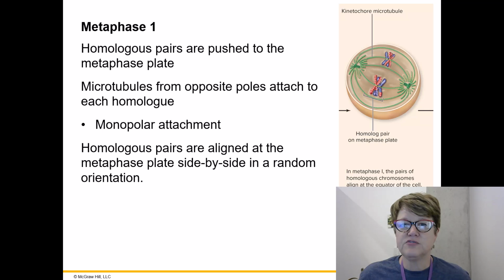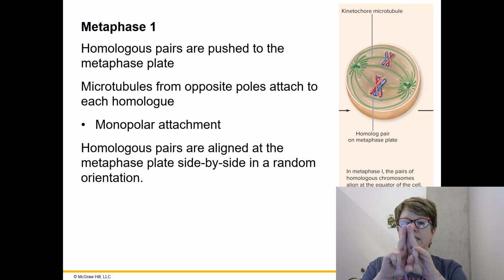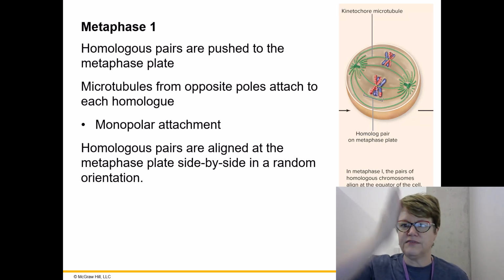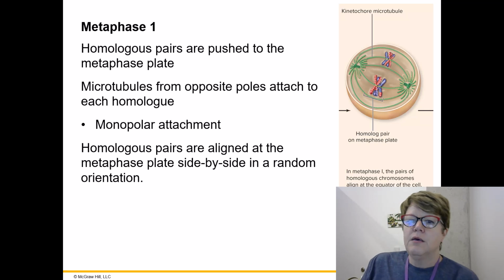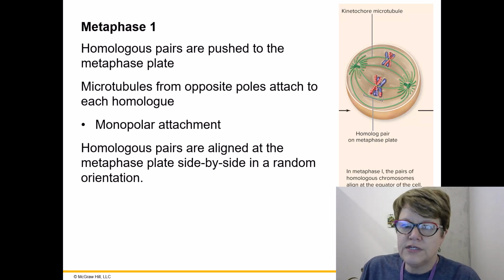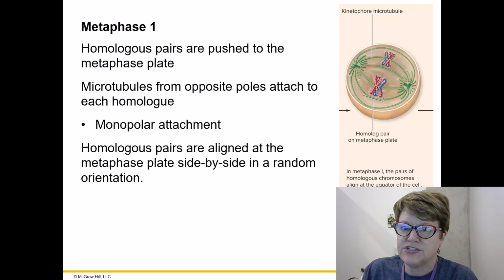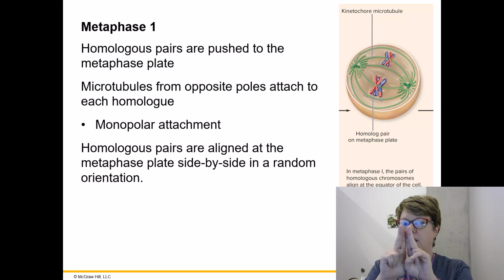Now in metaphase 1, the homologous pairs still together are pushed to that midline, that metaphase plate. But what's different in metaphase 1 is how the spindle fibers are attached to the homologous pair.